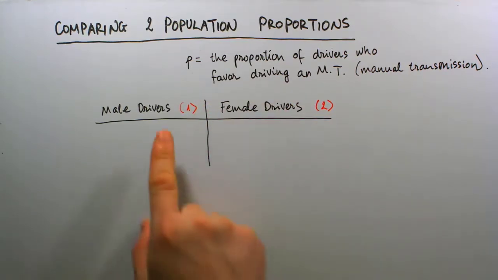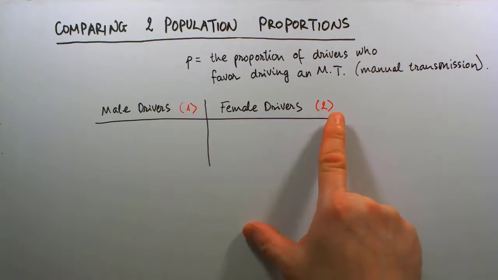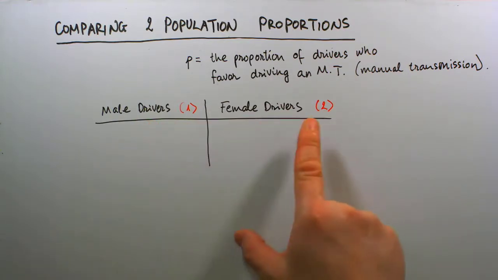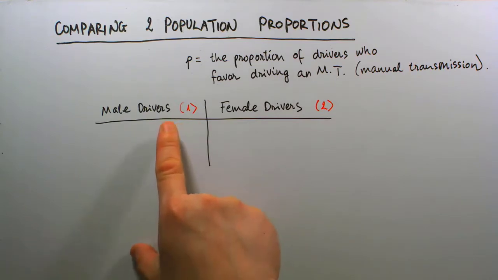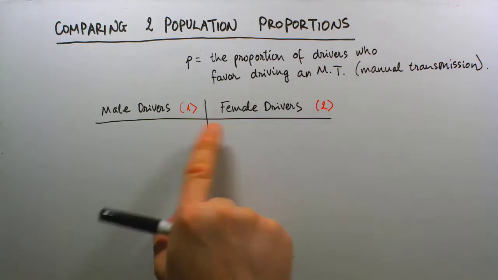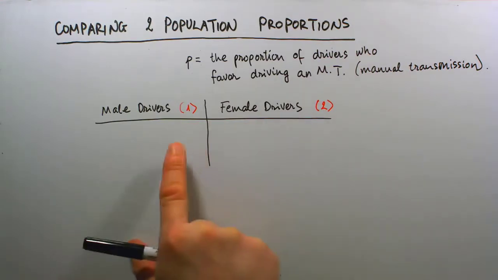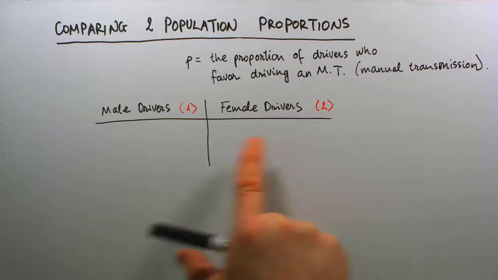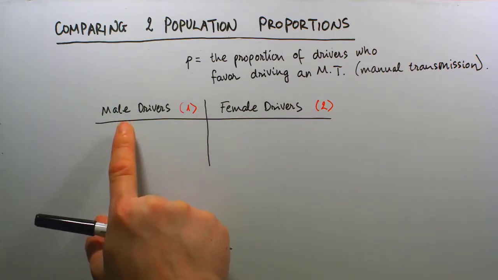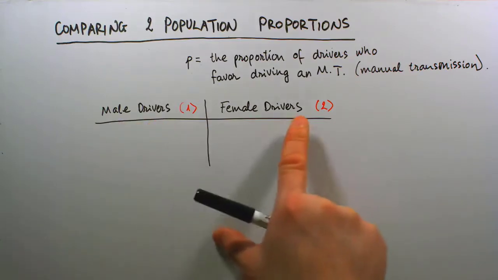But now, upon deciding the numerical labels for our two populations, that brings a tremendous usefulness for us. From this point on, anytime we need to reference back to either of these two populations, we don't have to keep referring to them as the male drivers or female drivers populations.